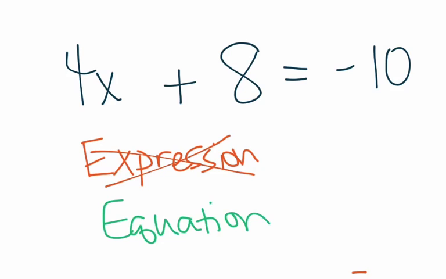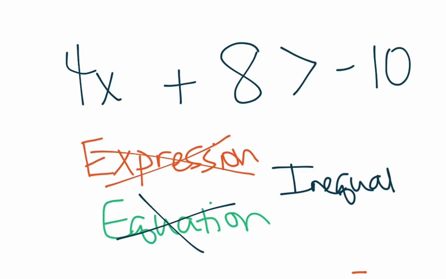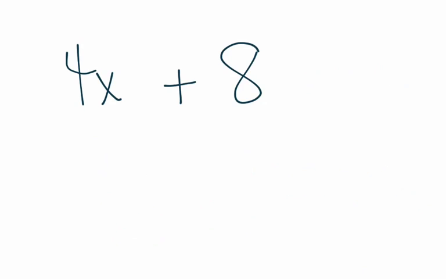And if it didn't have an equal sign, let's say that it had an inequality symbol, it would no longer be an equation, it would be an inequality. So notice that a lot of this inequality or equation stems from an expression first. So that's what we're going to focus on today, is just expressions.